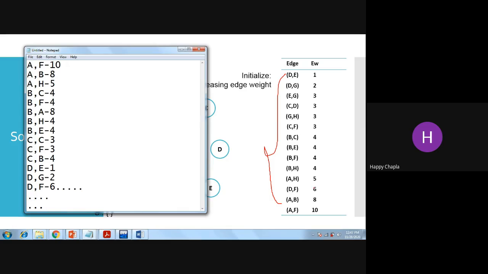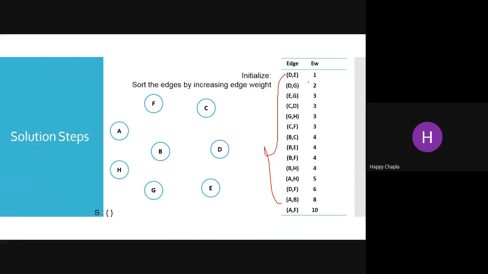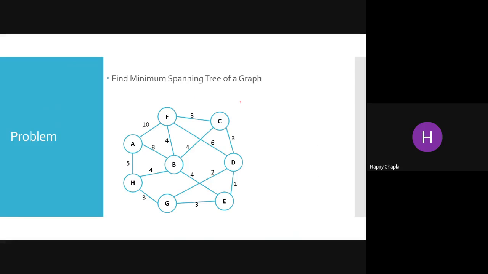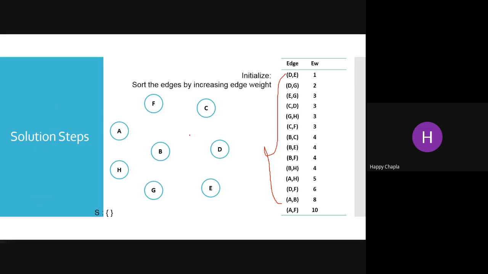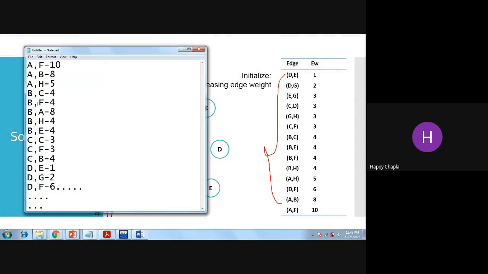You can see over here B to C, B to E, B to F, B to H. So B to C, F, H, E, and A. So here we can first find out the minimum node. It will take time, so we can make these entries from 1 to next, to next. So we are trying to make the entries in a particular order.